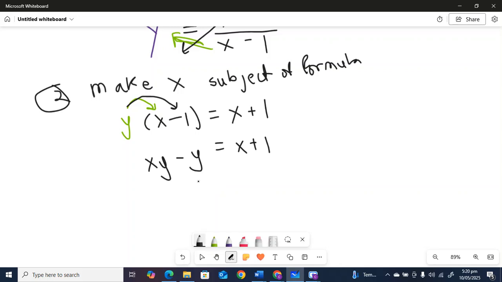This negative y, we take it over the equal sign, and this x here, we're going to bring it to the left hand side, and the y will go to the right hand side. So we have xy minus x equals 1 plus y.